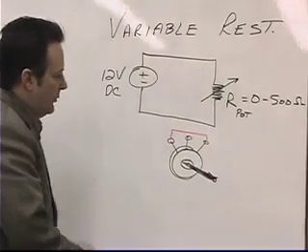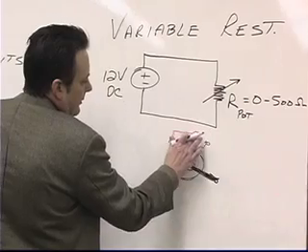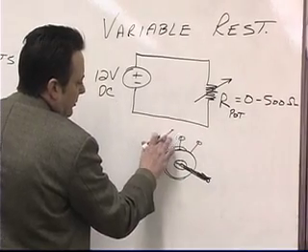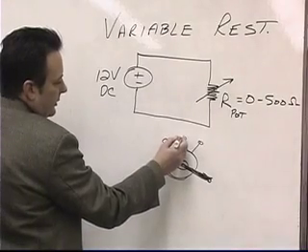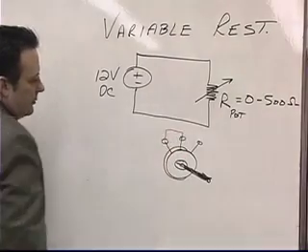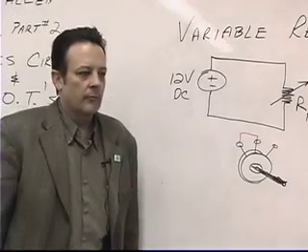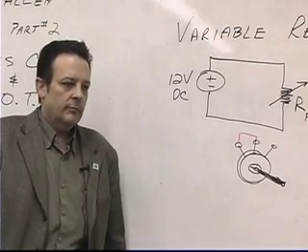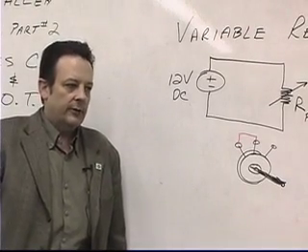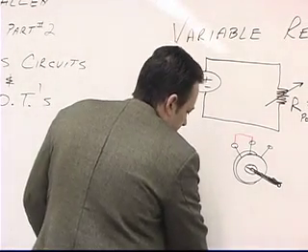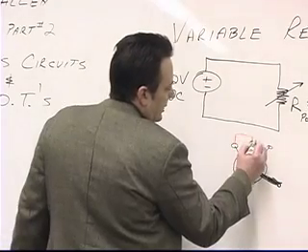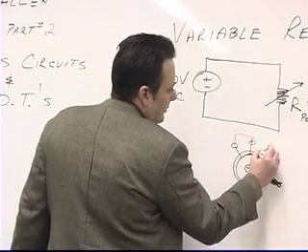Now, I'm not telling you whether you're right or wrong yet. If you were to take and connect these two leads together, what are you going to get? Depends on where it's set to. It depends on where it's set to. And let's say that you took these two leads and you connected those two leads together.